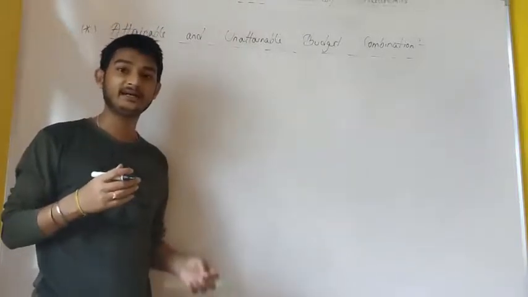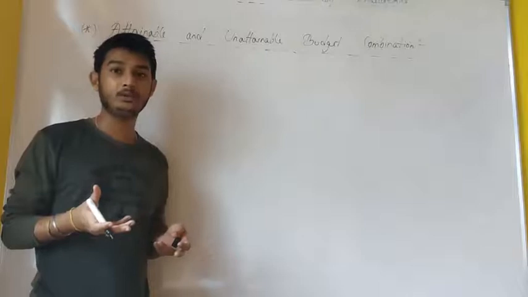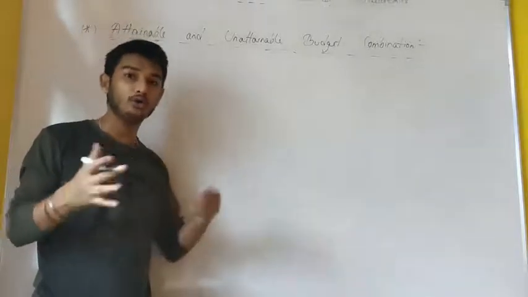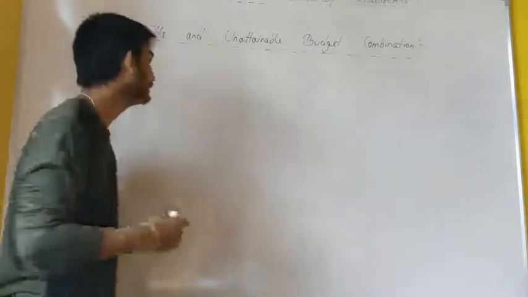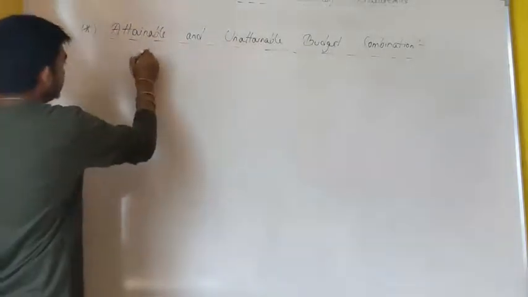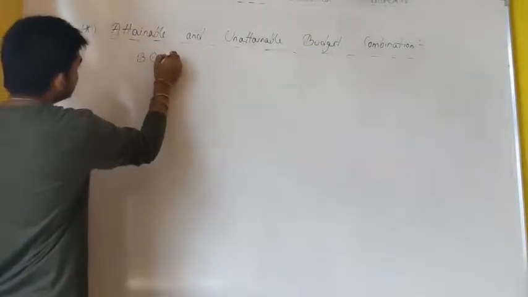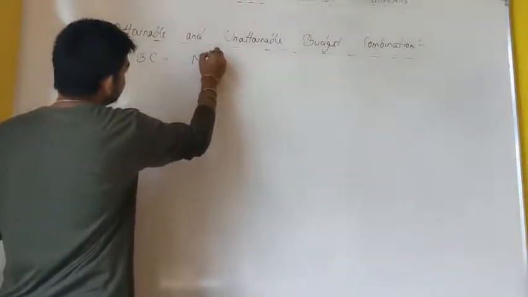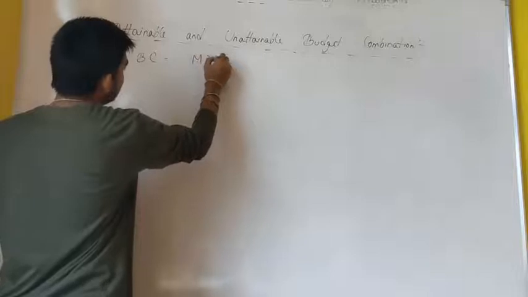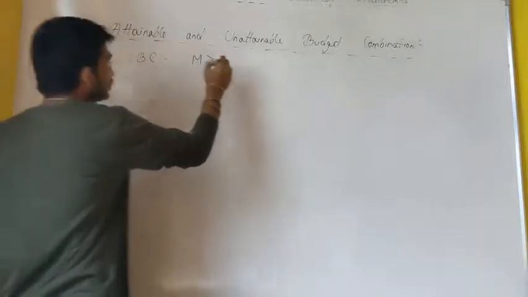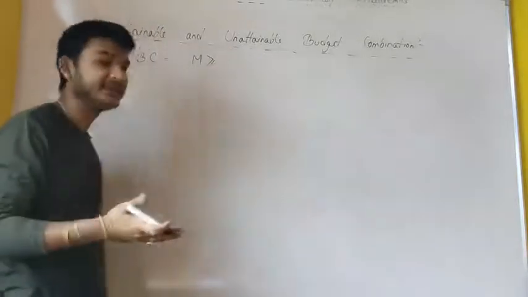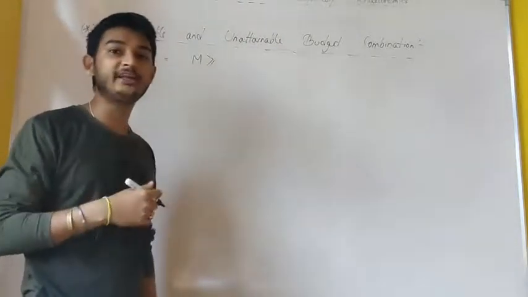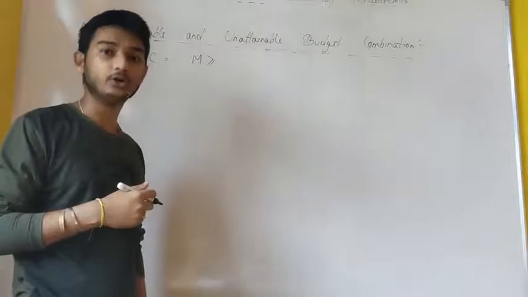So whatever expenditure we make has to be either equal to or less than my money income. So the budget constraint says that the money income has to be greater than or equal to the expenditure that I am making on two goods depending on the prices of two goods.